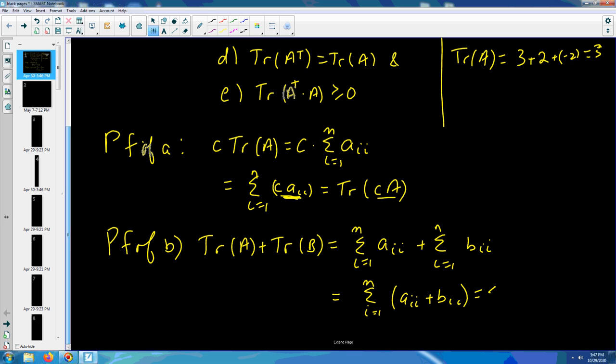But this is the summation of the ii entry of A plus B, as i goes from 1 to n. And this is equal to the trace of A plus B. Maybe in the last proof I can insert one more line.